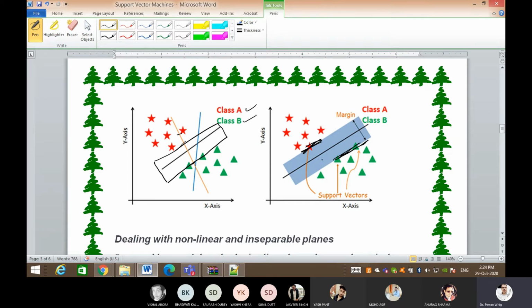By keeping the margin as high as possible, we can make the algorithm predict more accurately by segregating these two data sets apart from each other. Now let us see a quick example of how we can implement this practically.